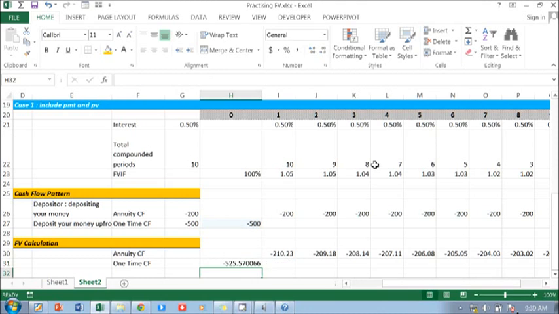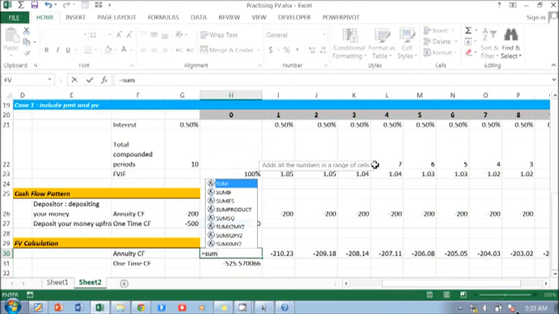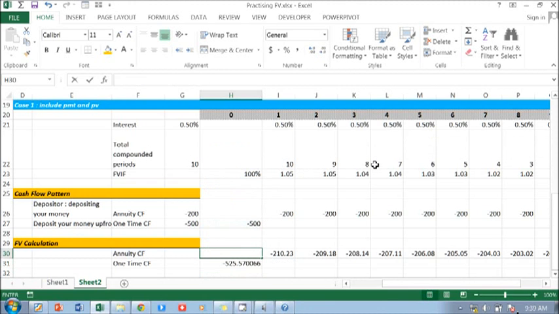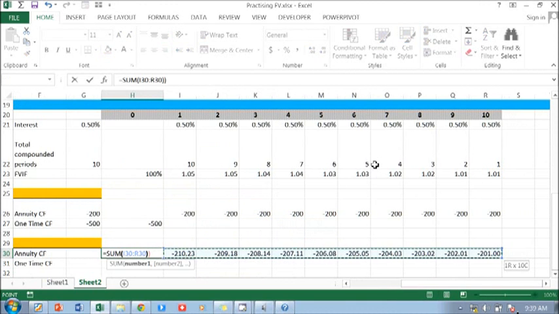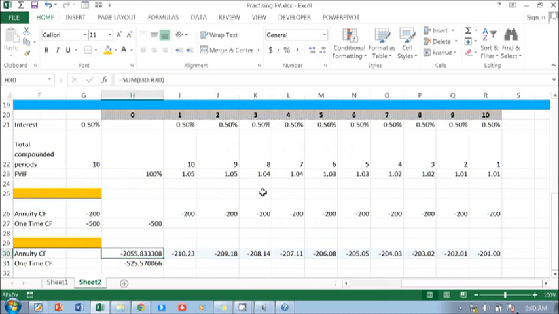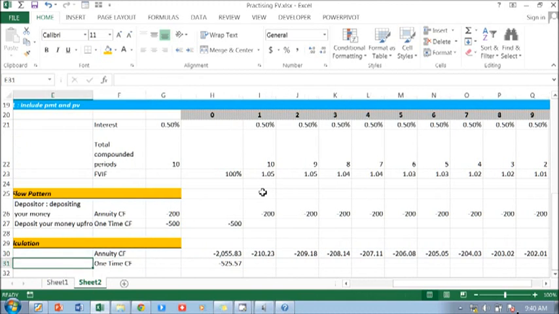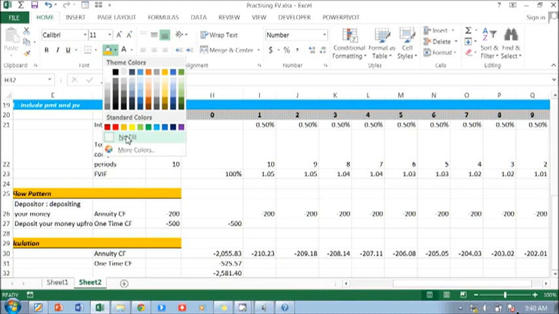Hopefully it's correct, and then you sum this. Right, and then you just total it. Yes, right, just put a different color.